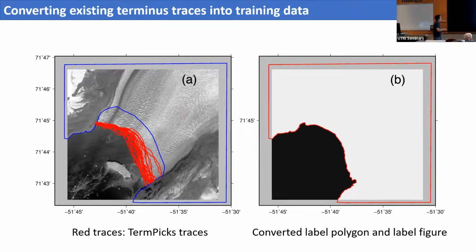It covers the whole image, and its terminus is behind all the traces in TermPicks. By replacing the terminus in this reference polygon with these traces, we can generate new label polygons and then convert them to label figures. So that's how we automatically prepare the training data set from TermPicks.